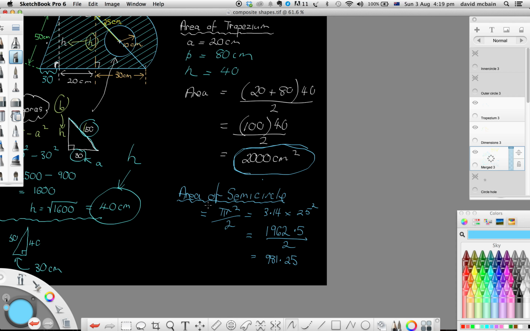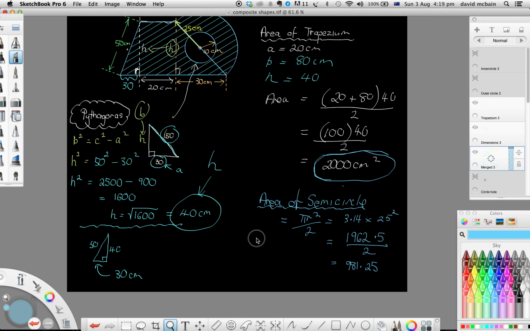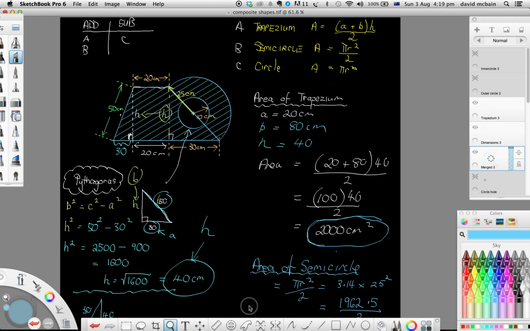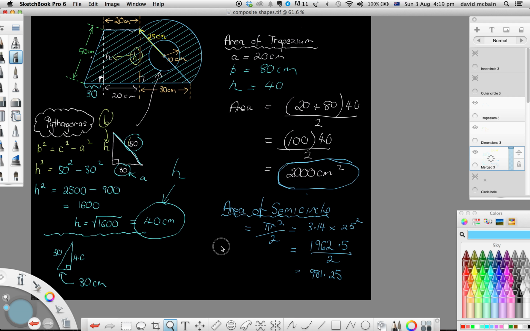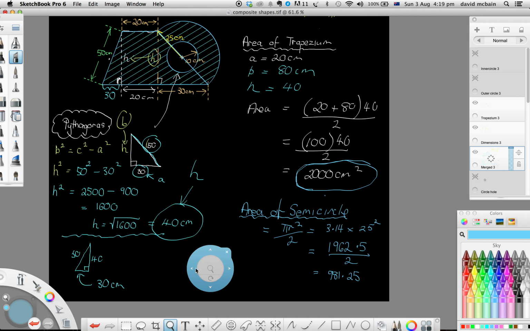And finally, we will work out the area of our full circle. And I'll just do that calculation down here. So I'll change colour into green.